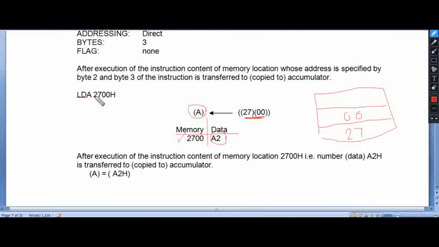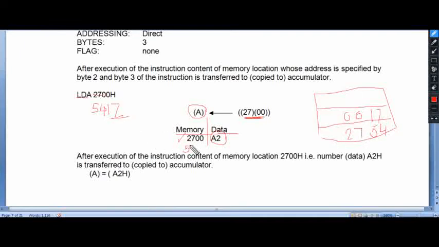Suppose instead of LDA 2700, we write LDA 5417. 17 is the low order, and 54 is the high order. Then 5417 is the memory location.